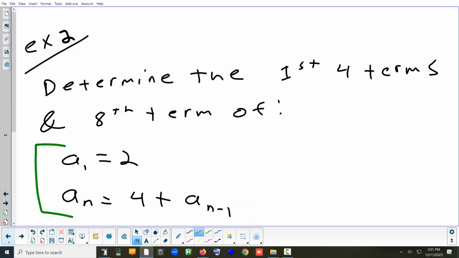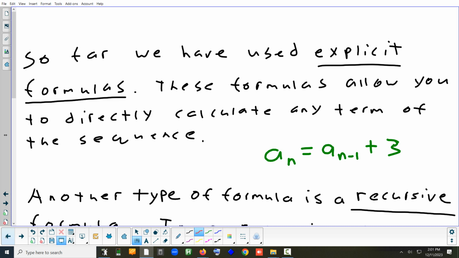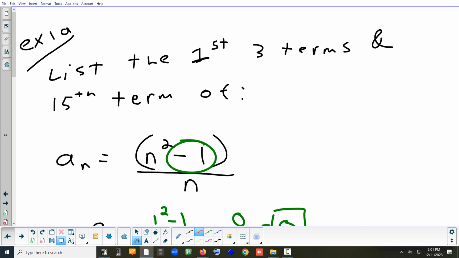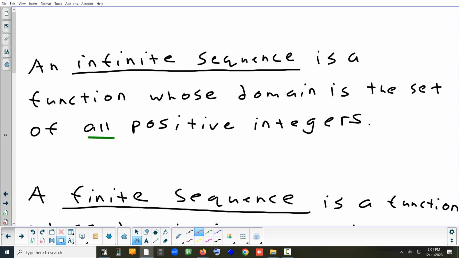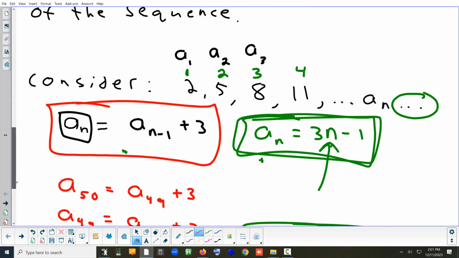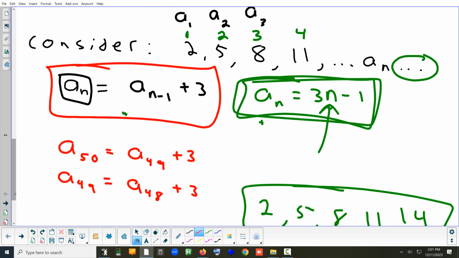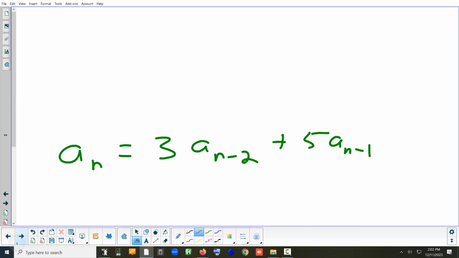We did one that was like this. I think it was this one. Somehow somebody figured out the pattern here was 3n minus 1. Well, I'm going to show you how you can get that without guessing, using a formula. So we'll come back to that.